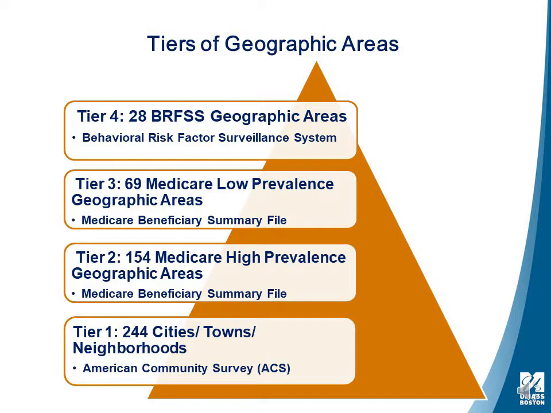Now remember that the 69 low prevalence geographic areas were formed by combining together some of the Tier 2 Medicare high prevalence geographic areas together. Tier 4, the highest tier shown here, are the 28 BRFSS geographic areas. These areas were used for estimating indicators derived from Behavioral Risk Factor Surveillance System data. Now, if you recall, these are the health behaviors and health screening indicators.